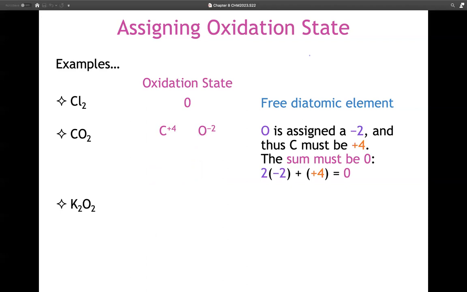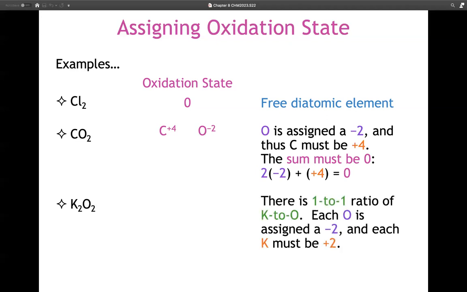Okay, what about potassium oxide? Actually, this one has a typo. This 2 shouldn't be here.